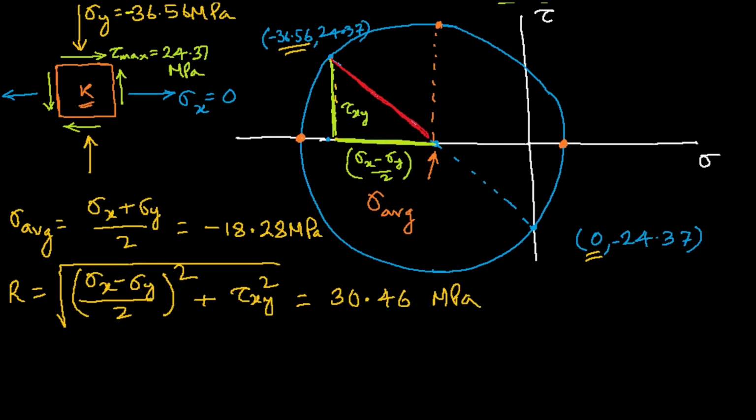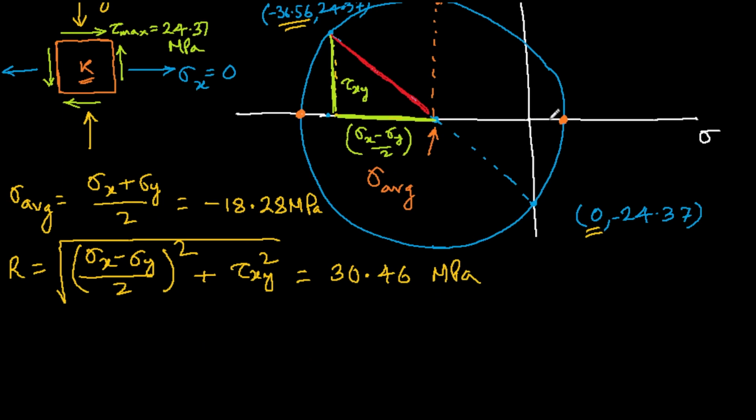Once you evaluate sigma average and R, obviously it's very easy to evaluate the principal stresses. Say suppose this is sigma max and this is sigma min.